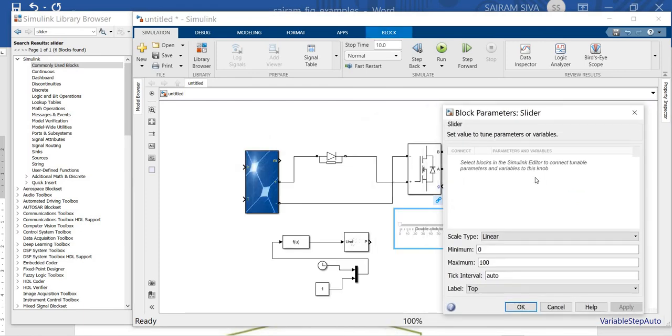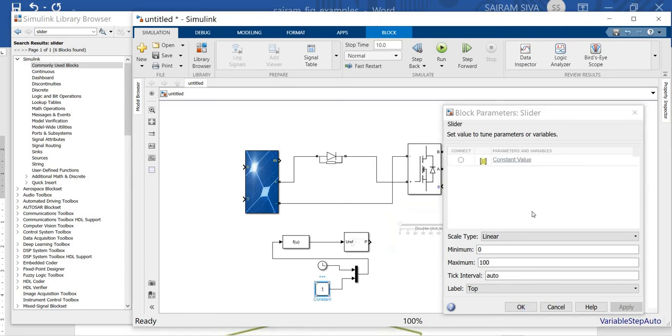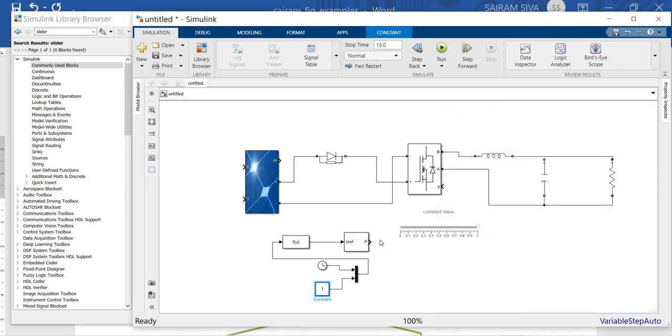You click this box. Again, whichever element you want to connect, I am going to click this element, the constant. Again, I am going to select this constant. The minimum value is 0, the maximum value is 1. So apply this value, again OK, right?